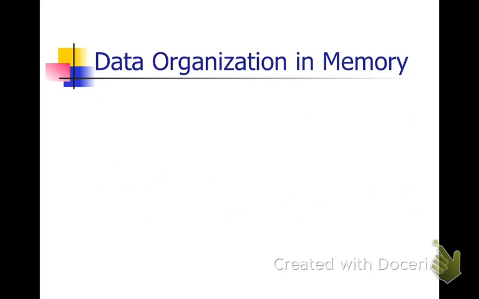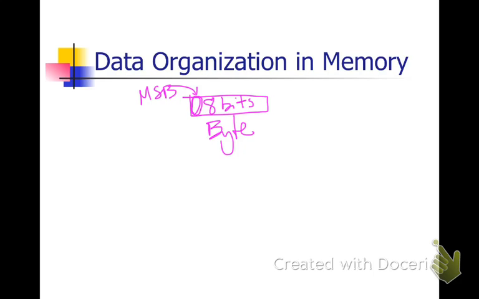Okay, data organization in memory. We've been talking about this, and I apologize, I probably should have brought it up before. When we talk about a byte, we are talking about 8 bits, where I can talk about the high order bit, or most significant bit, and the low order or least significant bit.